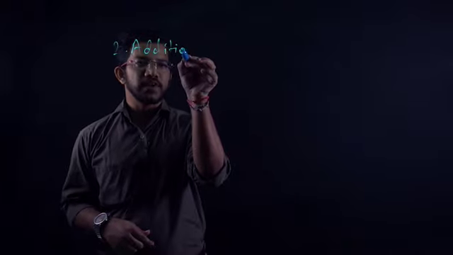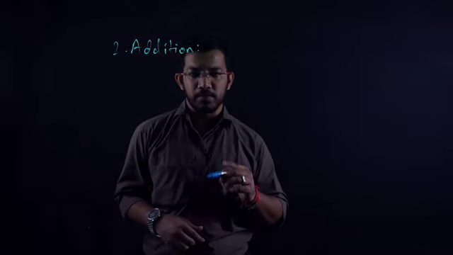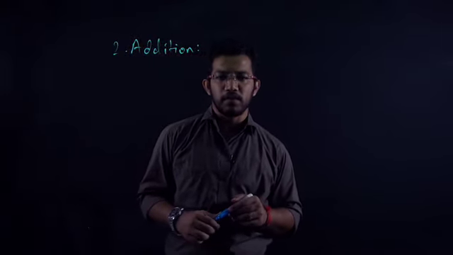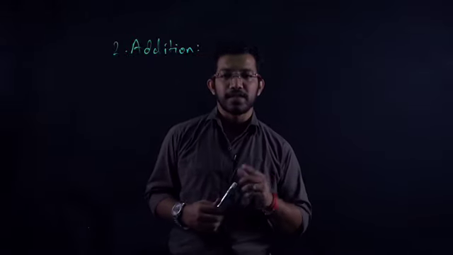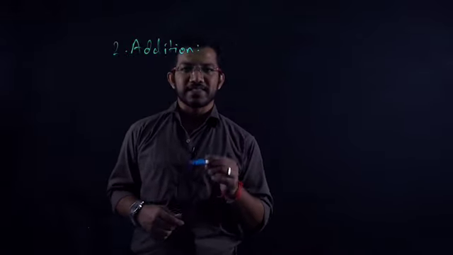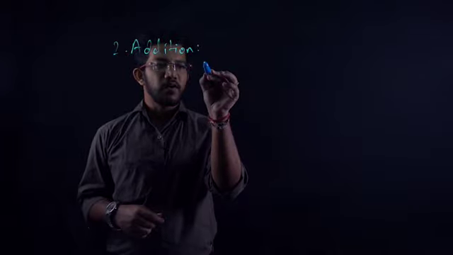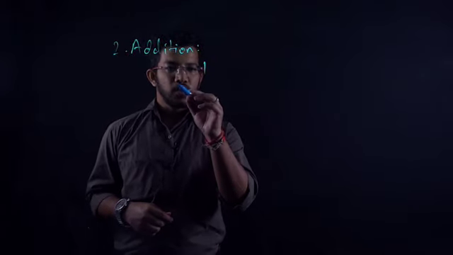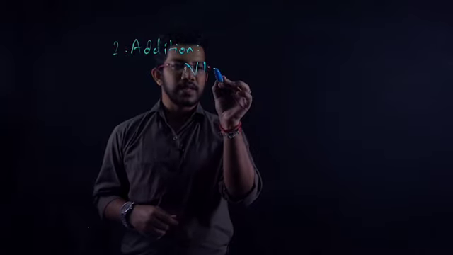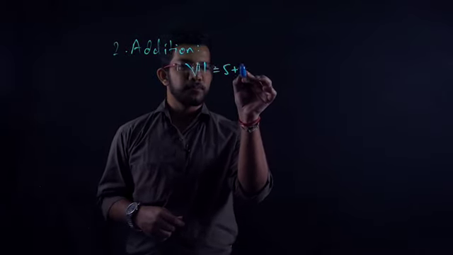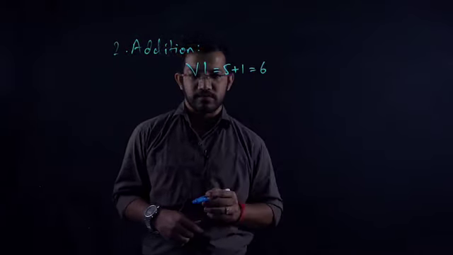In the rule of addition, there is one thing which we should remember: if the smaller number comes to the right hand side of the bigger number, then the number gets added. For example, if I write I, which means 1, on the right side of V, which means 5, then the numbers get added, so I get 5 plus 1, which is equal to 6.